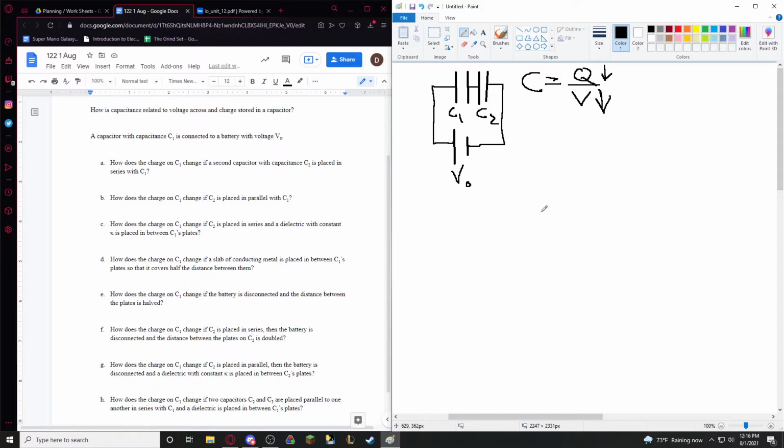Okay then. And so, do you know how we would actually calculate this new charge on C1? This has to do with C1 plus C2 is equal to C12 stuff, right? Potentially.